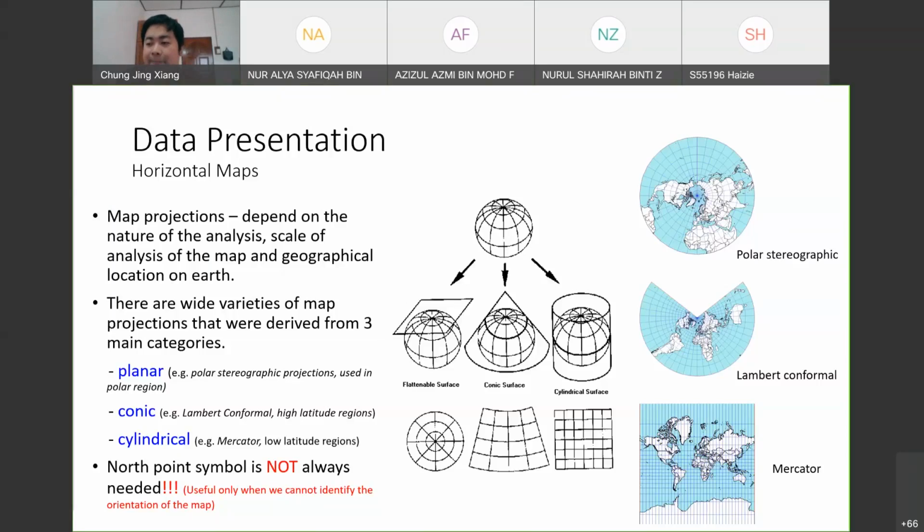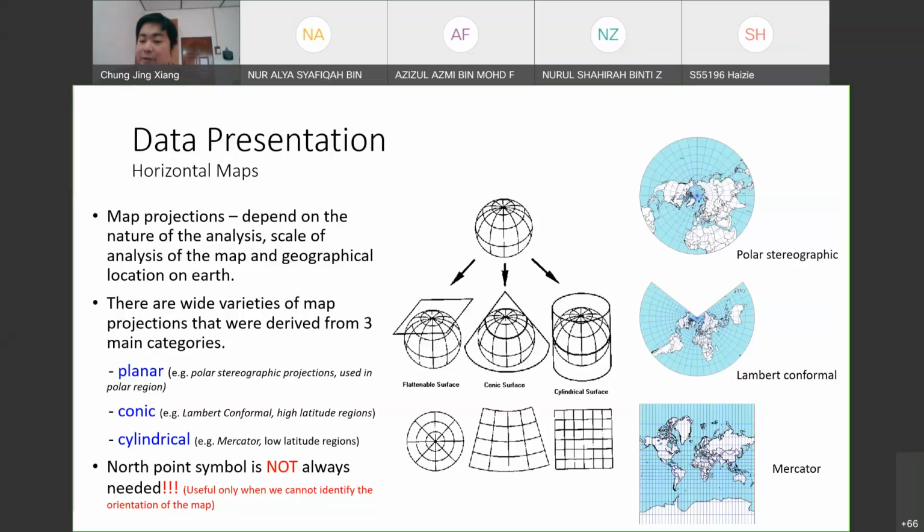But if you study anything over higher latitudes, you will use conic, that is on a cone, so we flatten our Earth at the high latitude. For those of us who study over the tropical region, we use something known as the cylindrical approach, meaning we flatten our Earth at the equator.